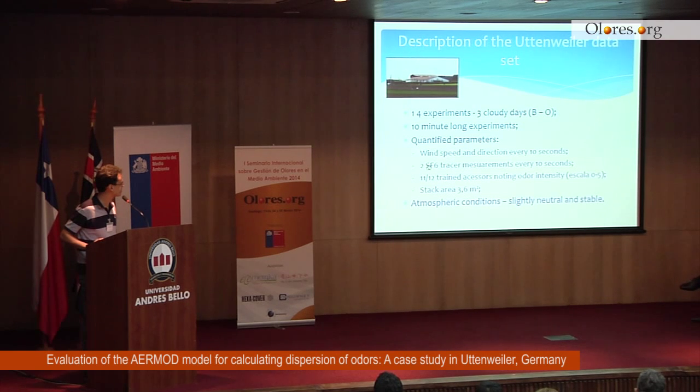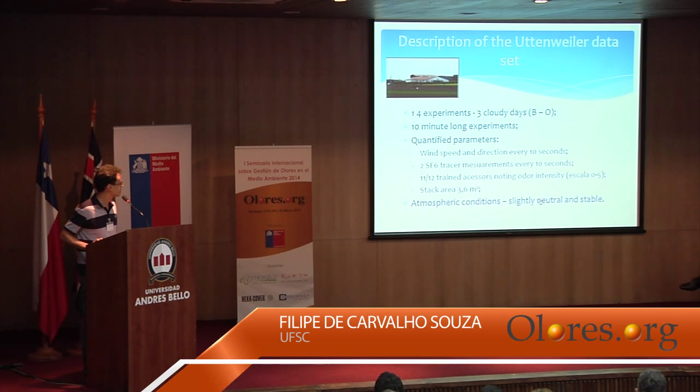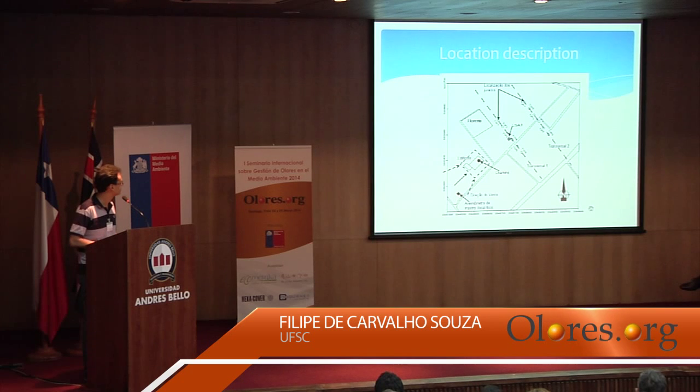The tracer was SF6, and it was measured every 10 seconds. Sometimes 11, sometimes 12 trained assessors noted the intensity on scales from 0 to 5. The stack area was 3.6 square meters, and it was 8.5 meters tall. The atmospheric conditions varied between neutral and stable.